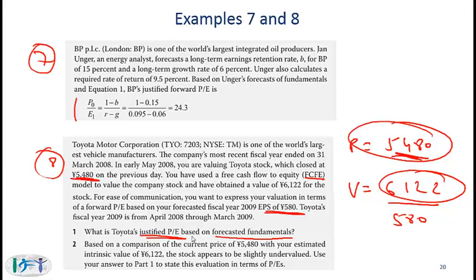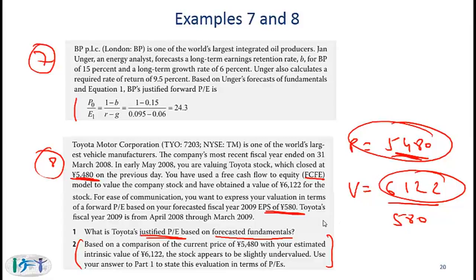All right, now all this second point is saying is that there are two ways of expressing whether a company is overvalued or undervalued. The very basic way is to say that, look, actual market price is 5480. When I do an analysis based on fundamentals, I come up with a value of 6122. So this company, the market price appears to be undervalued. Can you make the same conclusion looking at the PEs?